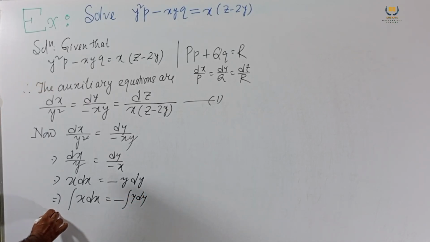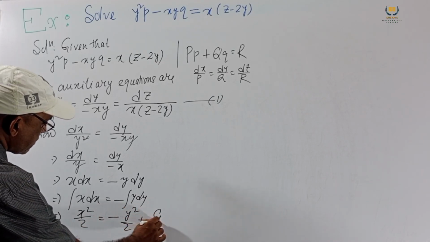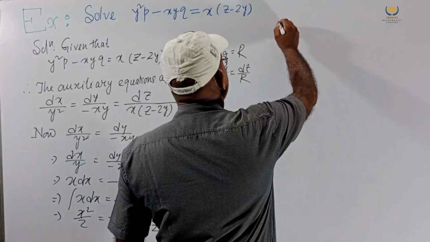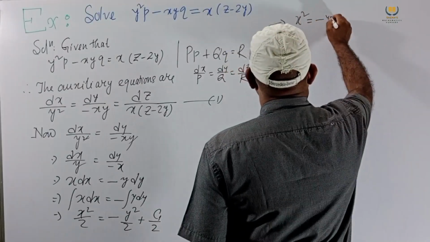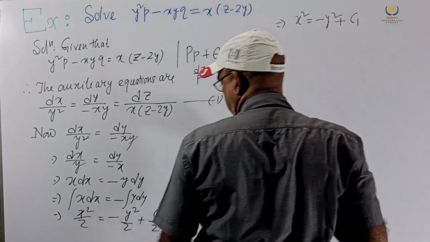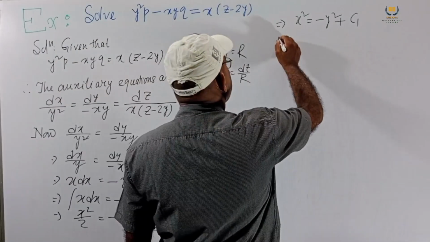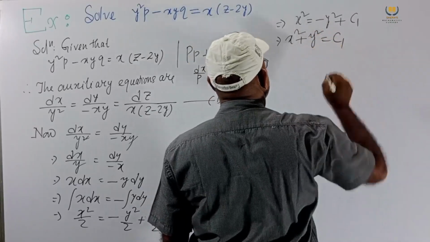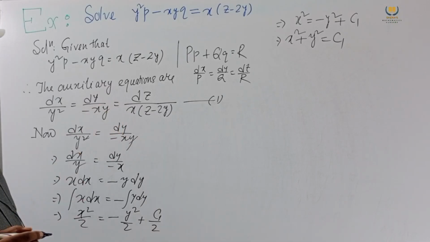The integration of x dx means x square by 2, y dy means y square by 2, and we consider c1 by 2. This implies x square equals minus y square plus c1. If we divide both sides by 2 we get this, and taking y square on the left hand side, x square plus y square equals c1. We get this equation.